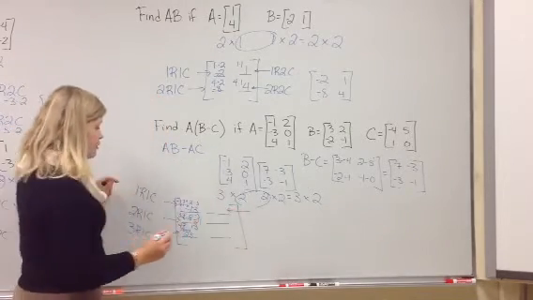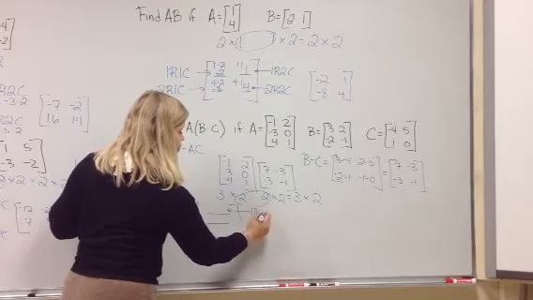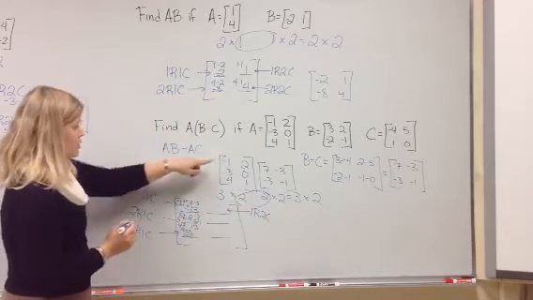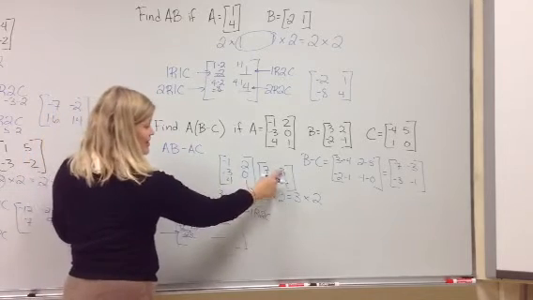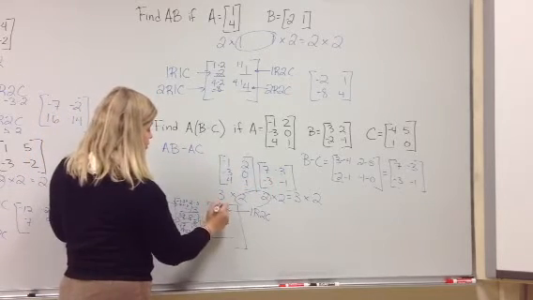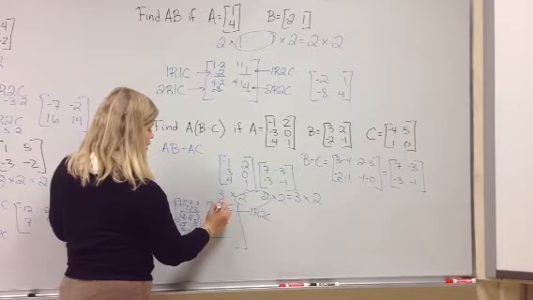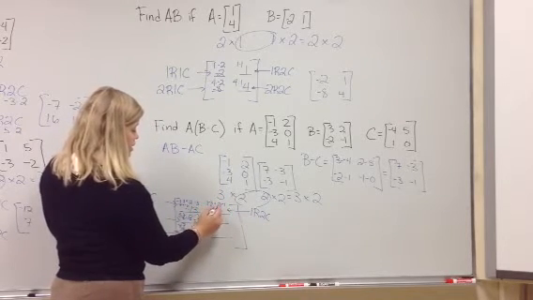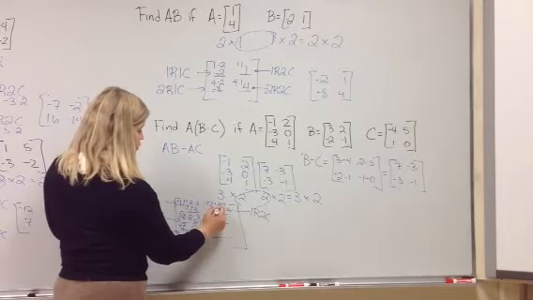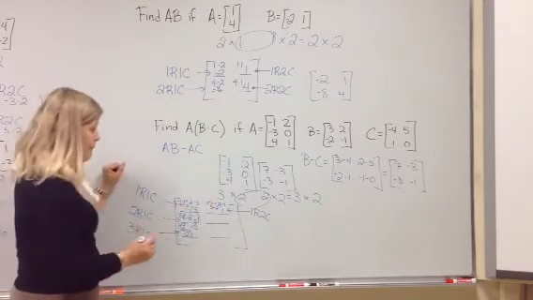What is this a part of? Well, now we're in the first row, but we're in the second column. So what's in the first row? Negative 1 and 2. What's in the second column? Negative 3 and negative 1. So negative 1 times negative 3, well, that's 3. And this is negative 2, so you have an answer of 1.